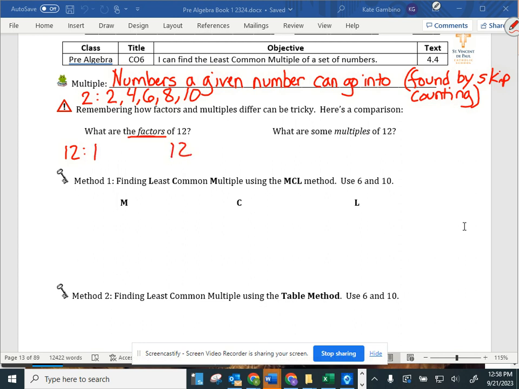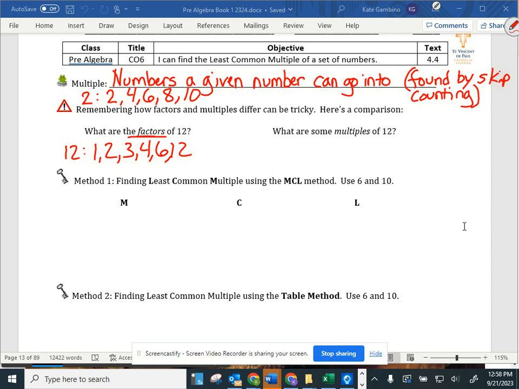What else? Claire? 2 and 6. 3 and 4. Those are the factors, the factor buddies. So when you see factors of a number, think factor buddies.